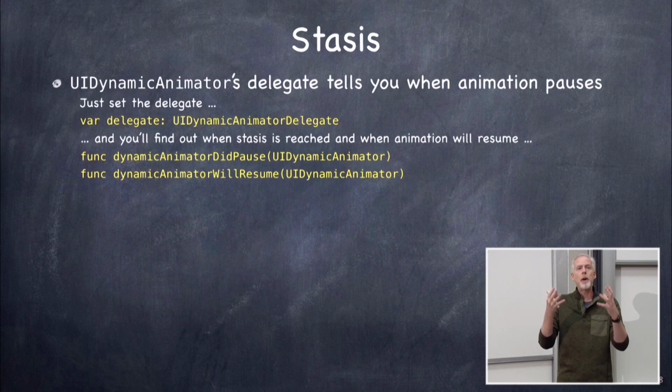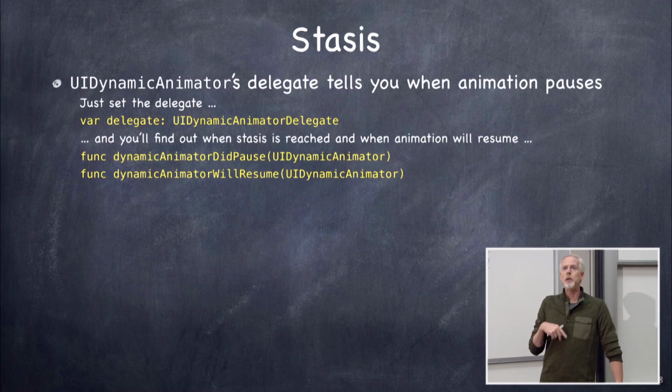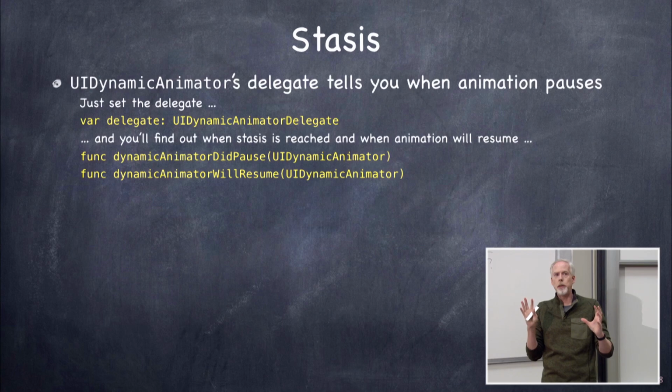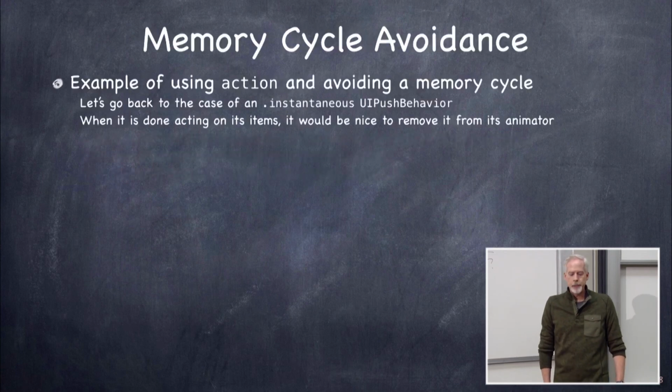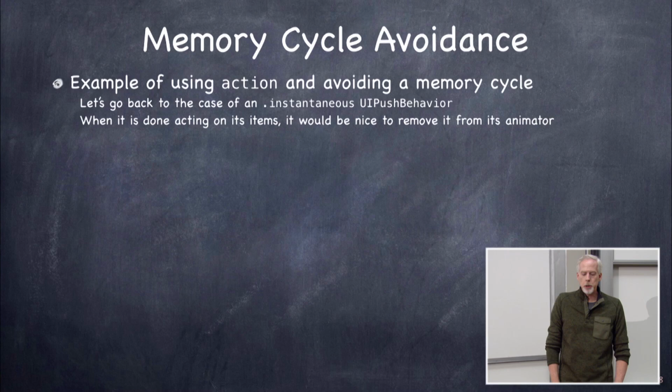You can find out when it reaches stasis with the UIDynamicAnimatorDelegate, which has these two methods, didPause and willResume. It'll tell you, I came to stasis, I'm not currently moving anything, and then when something happens, it'll say, I'm resuming because I have to move things. All right, let's go back and talk about that push behavior thing.